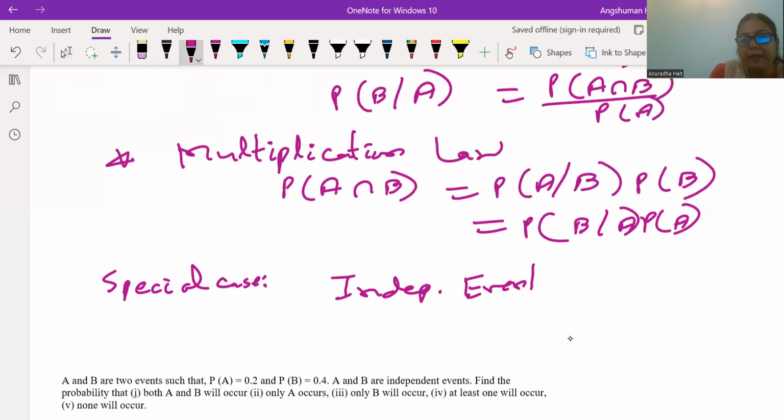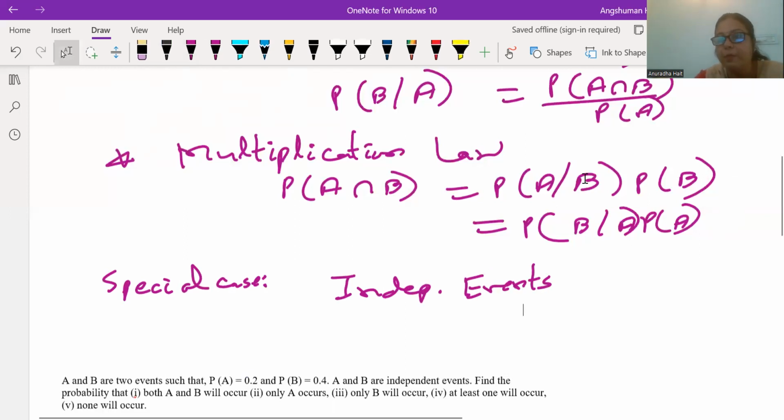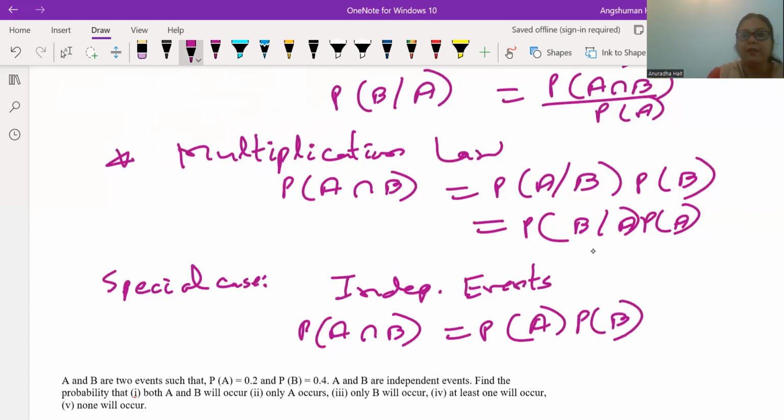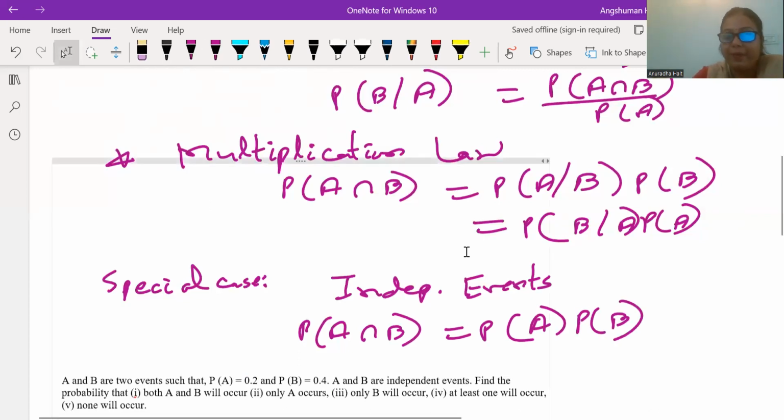So if they are independent events, obviously probability of A given B will be equal to probability of A because it does not depend upon B. Similarly, probability of B given A will be simply probability of B. It will not depend upon probability of A. So my formula reduces to probability of A intersection B equal to probability of A into probability of B. This is the multiplication law, and the other formula of multiplication law, where the special case occurs, is when both events A and B are independent.